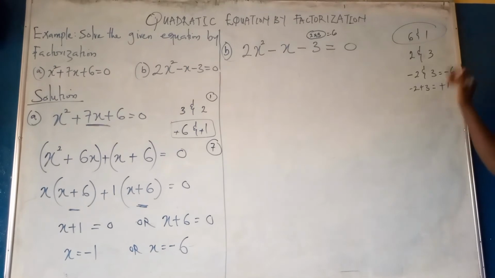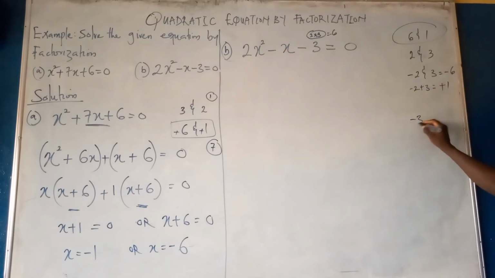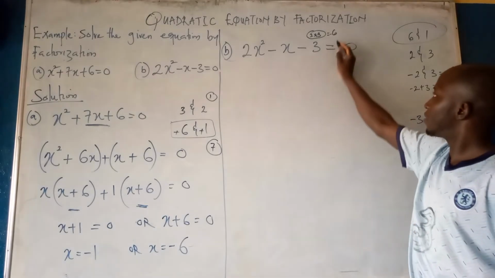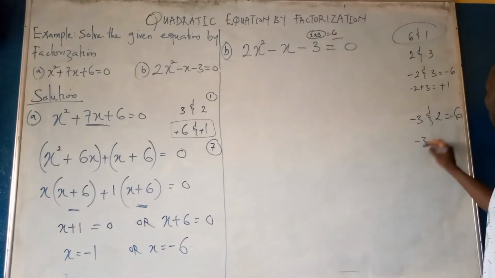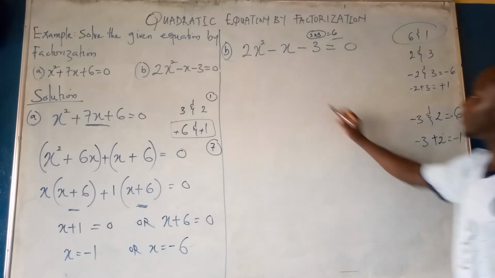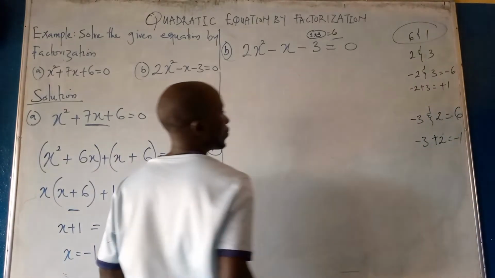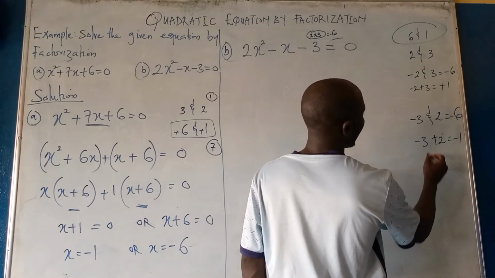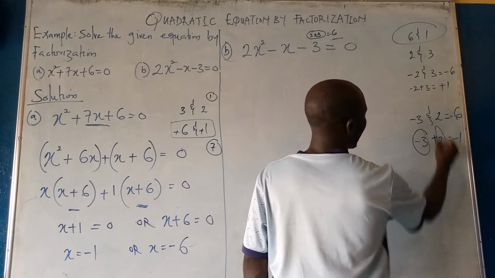Therefore, by interchanging the signs, we have minus 3 and 2. Minus 3 times 2 gives us minus 6, satisfied. Minus 3 plus 2 will give us minus 1, which satisfies this. So we need minus 3 and plus 2.